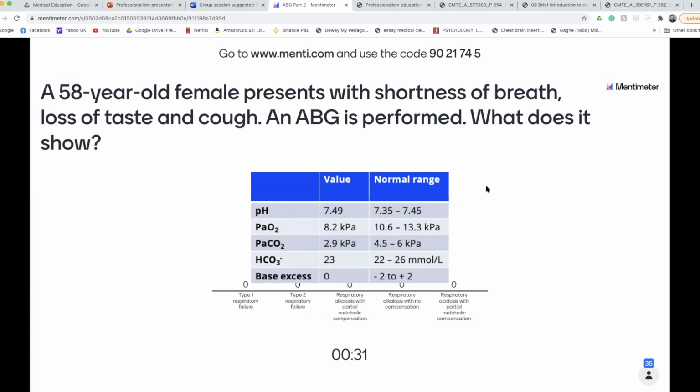If you could answer on Mentimeter, it's probably better to make sure we don't give away any answers. So you can head over to menti.com and type that code in at the top.